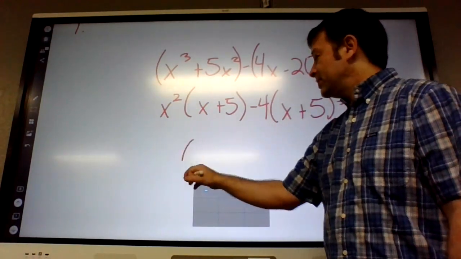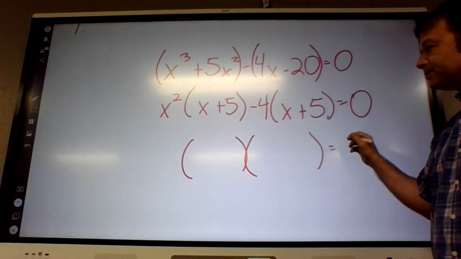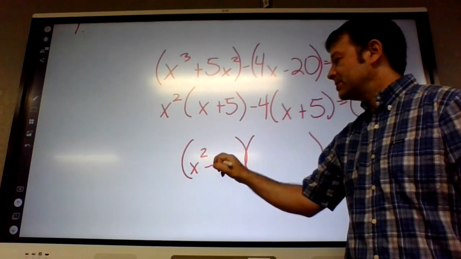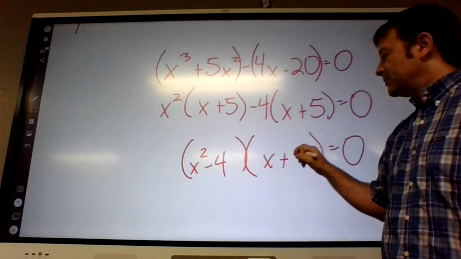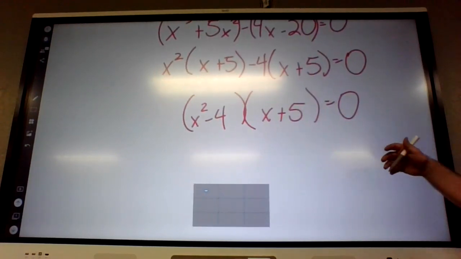Okay, so what you do is factor like this. The outside stuff goes in the first set of parentheses, and the inside stuff goes in the other parentheses. I like that trick. I like that better than usual.